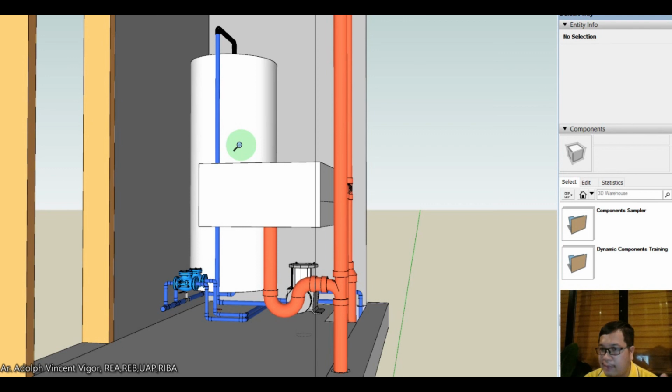So you have your plumbing system, that is one. You also have your electrical system also. You also have your electromechanical systems. So when you combine all of those together, that's when you produce an architectural design. Okay? So that's the technical aspect.